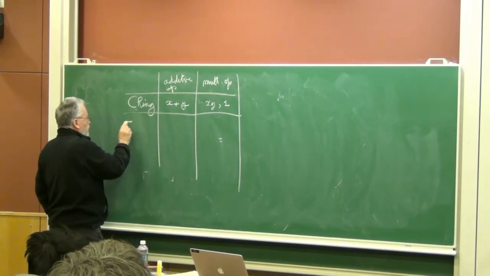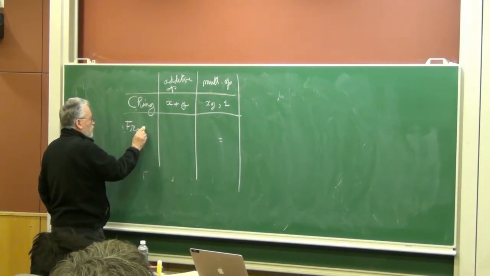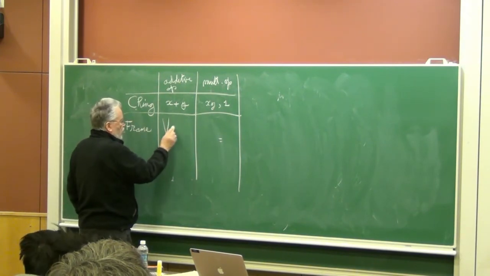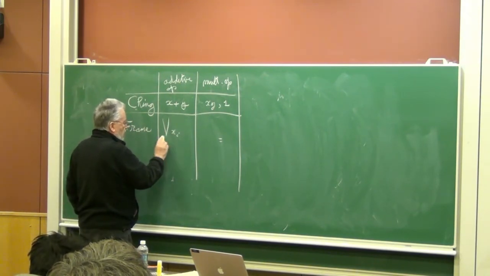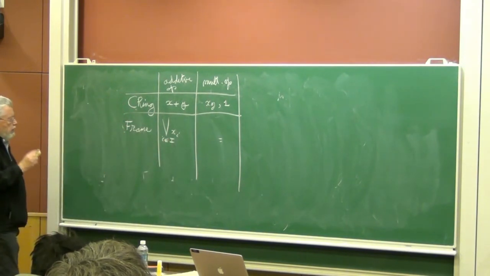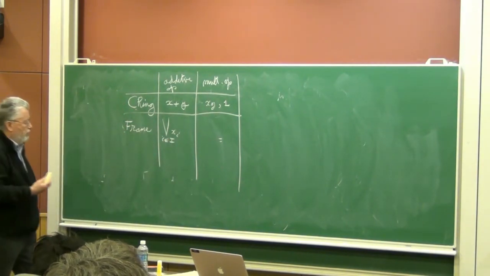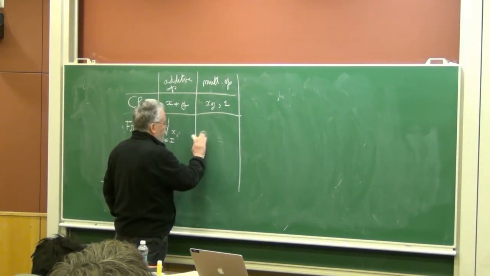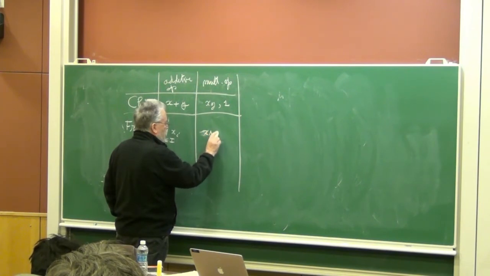And the theory of frames is also based on two operations. Well, suprema. You should regard the supremum in a frame as somehow the addition, and the finite infimum as the multiplication.